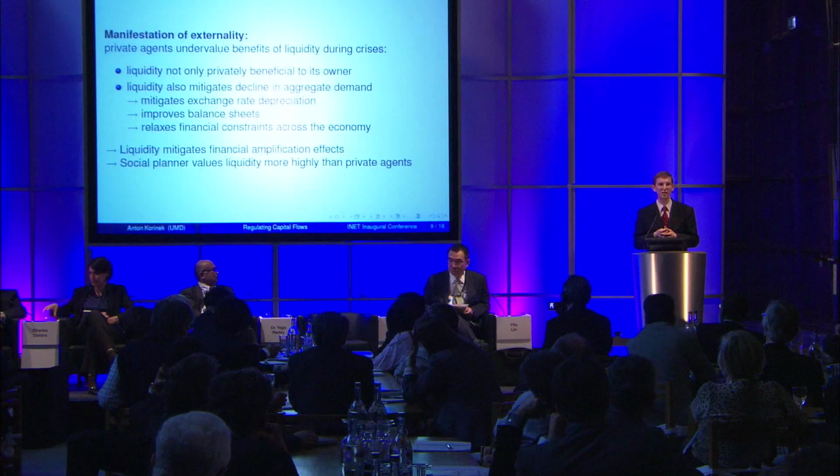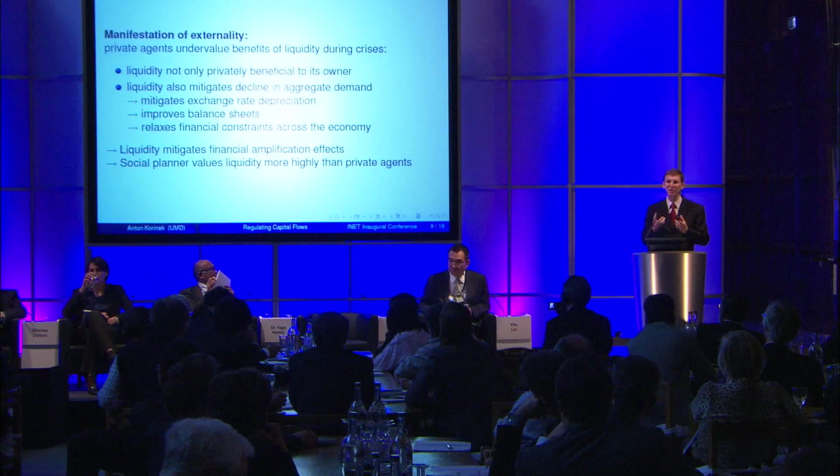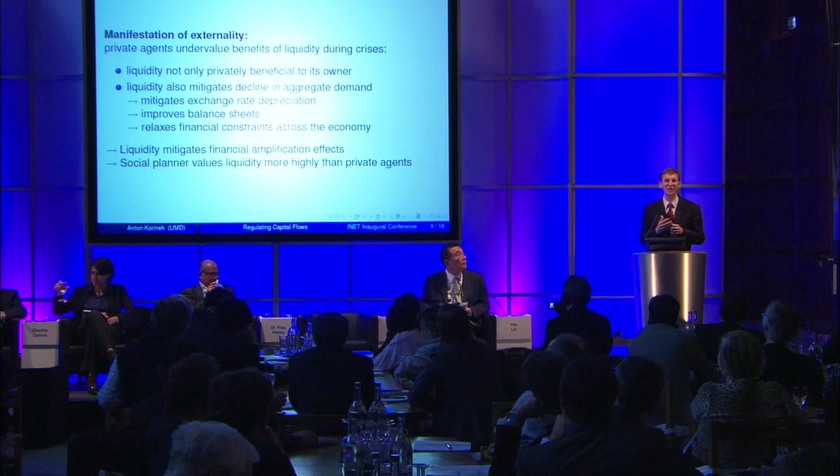Now, the primary manifestation of this externality is that private agents undervalue the benefits of holding additional liquidity, of holding additional wealth during crisis. The rationale for that is, again, as I discussed in the previous slide, that liquidity in such a setup with amplification effects is not only privately beneficial to its owner, but it also mitigates the decline in aggregate demand, mitigates the exchange rate depreciation, and improves balance sheets across the economy, which relaxes financial constraints on everybody.